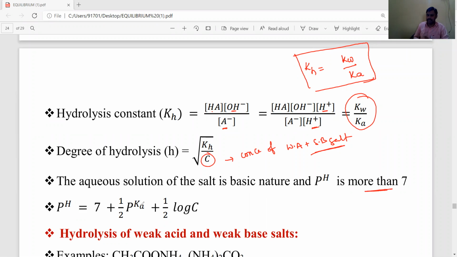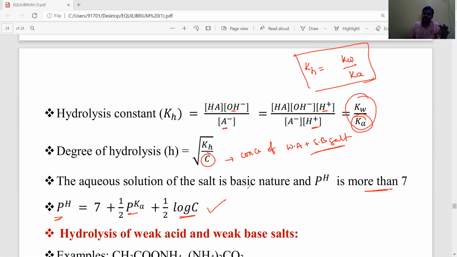So how to calculate the pH when weak acid, strong base salts are dissolved in water? The pH formula is equal to 7 plus half pKa plus 1 by 2 log C. This is the formula.